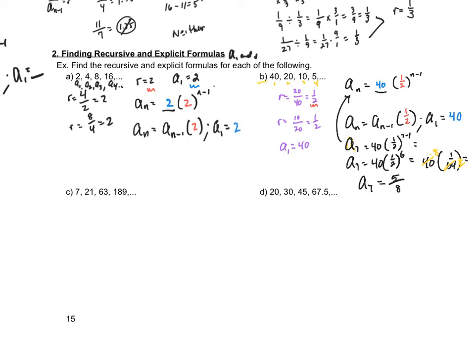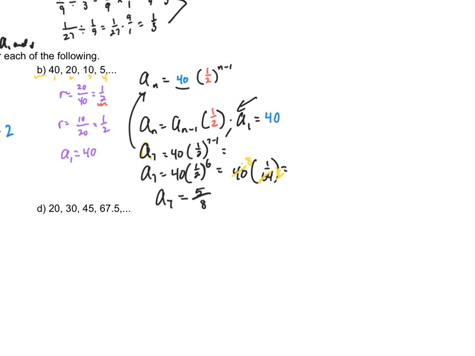Now, if I were to use the recursive formula, in order to use it you have to have the previous number. So a7, using my recursive formula, is equal to a(7 minus 1) times my r value. And of course, I need to know that a1 is equal to 40. Well, a7 is equal to a6 times 1/2.